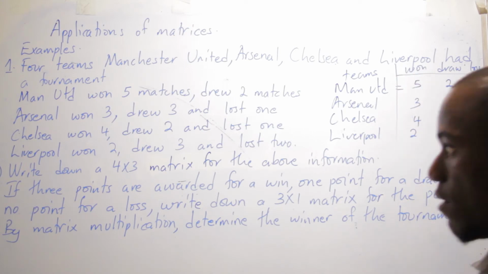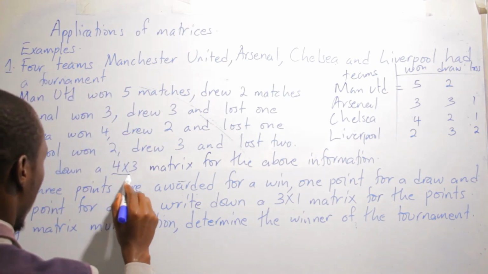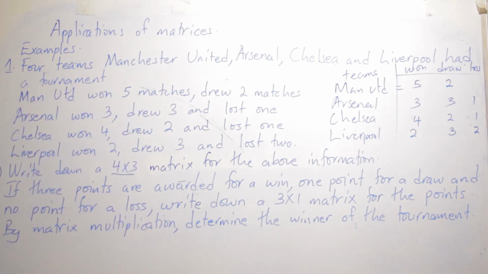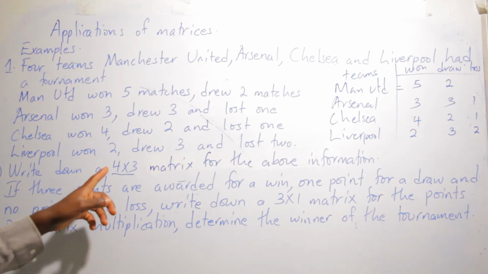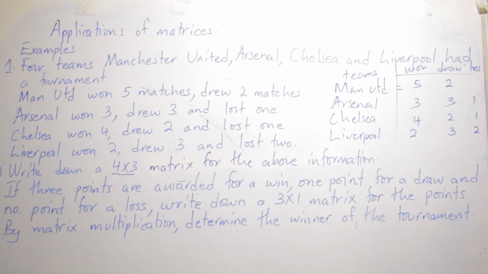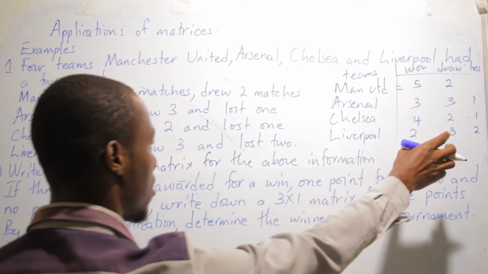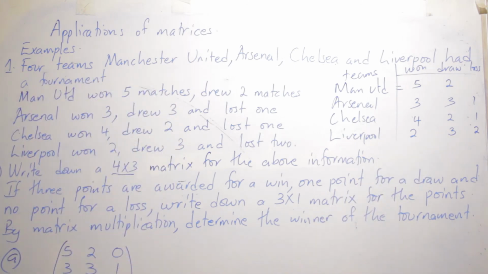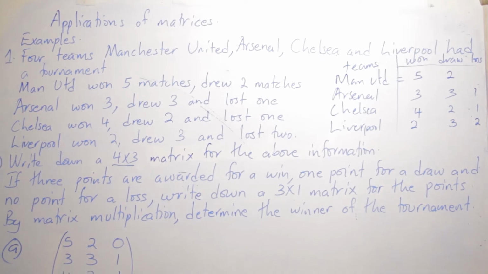So they have told us to list or write down that information there in the column, so with the matrix having an order of 4x3. So my part A, I go to the information and I extract it the way it is, and I write this one as my 4x3 matrix.